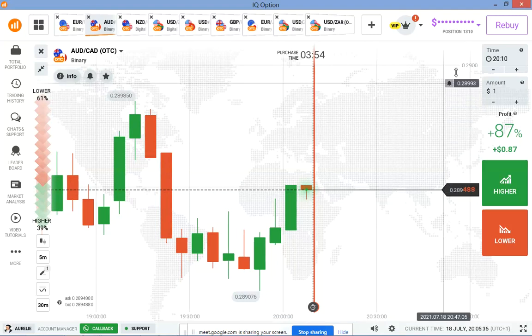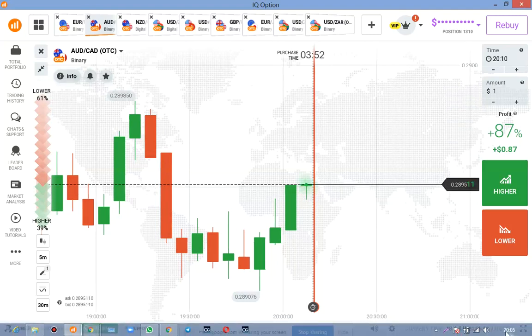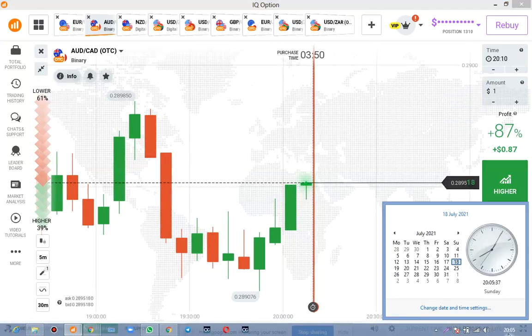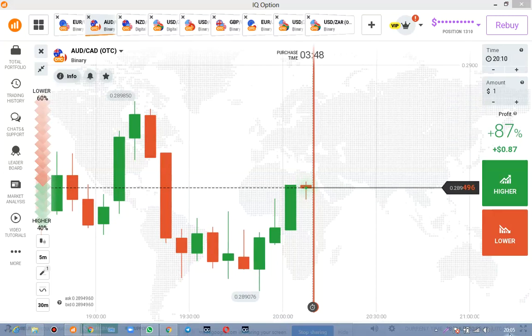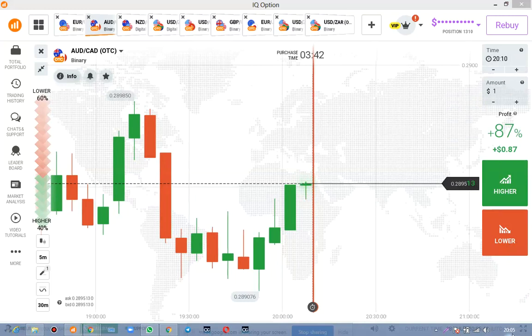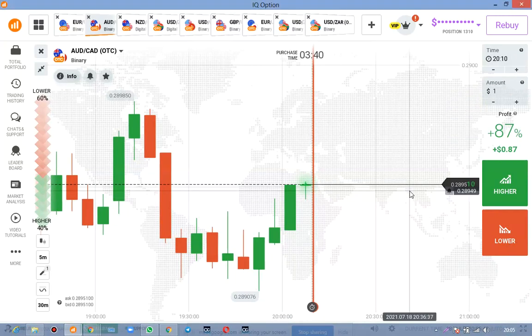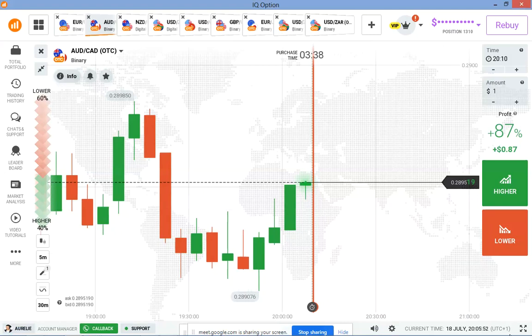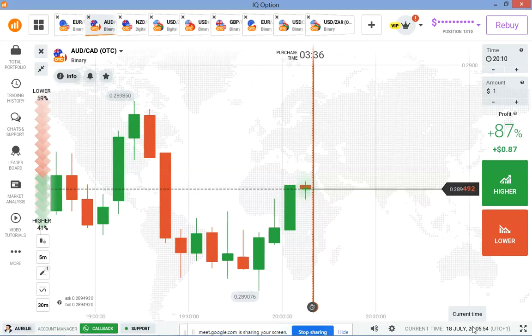What is the time now? The time now is 20:05. You can see 20:05.